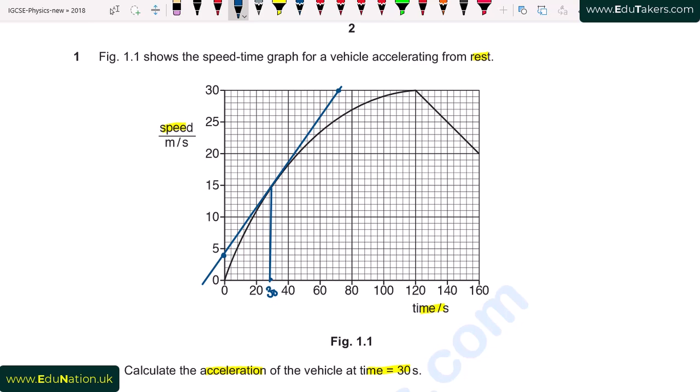Here we can see that time is 0 and speed is 4. So this point is basically 0 and 4. While at this point speed is 30 and time value is 72. So the point will be 72 and 30.